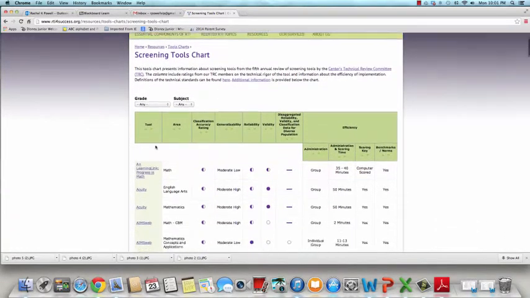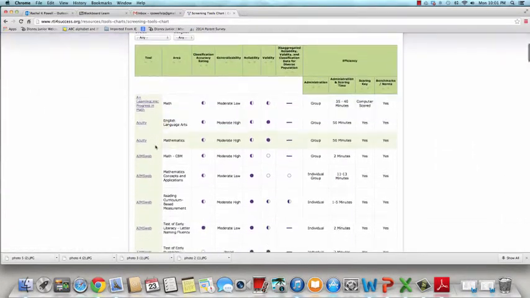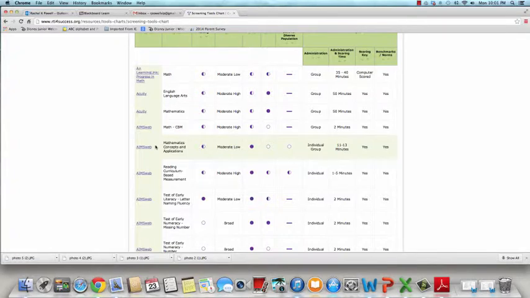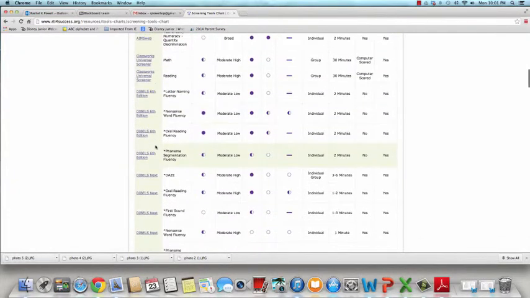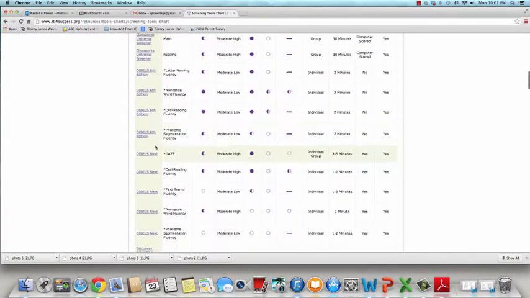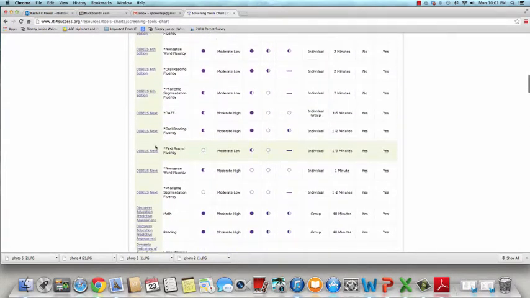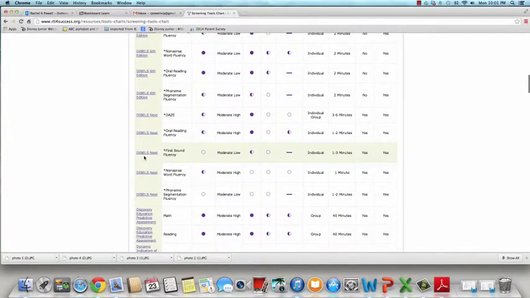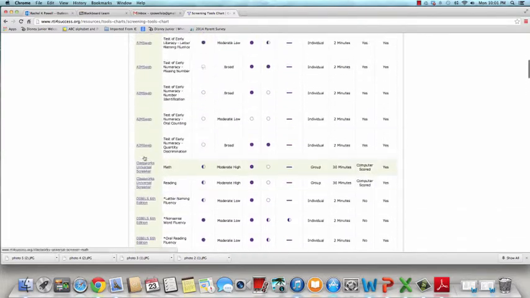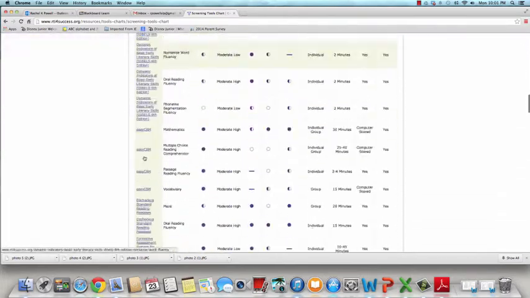And this is a chart for all of the universal screeners for reading and math. So here you'll see DIBELS 6th edition, DIBELS Next, which is what we use. First sound fluency is the component of tell me the first sound in the word. The graph tells you those little circles.